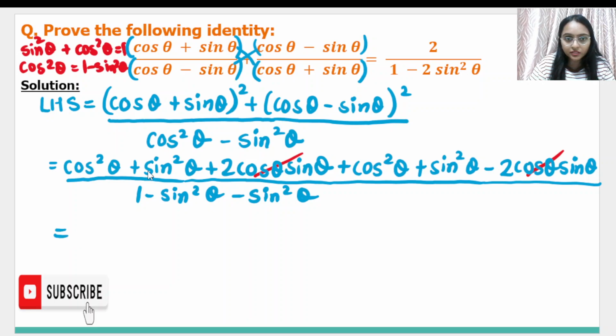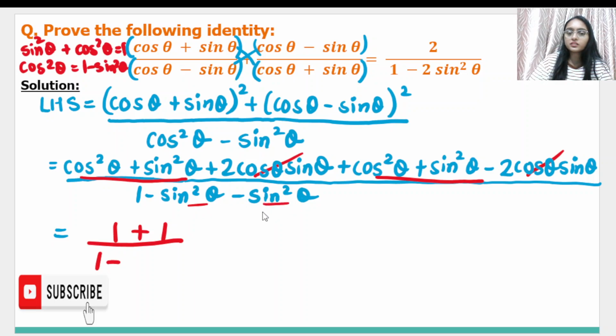So let's simplify the numerator. Now if you see the numerator, cos square theta plus sin square theta, I told you the identity, which is 1. So this thing becomes 1 plus, again here cos square theta plus sin square theta, it's again 1, upon 1 minus, now sin square theta minus sin square theta.